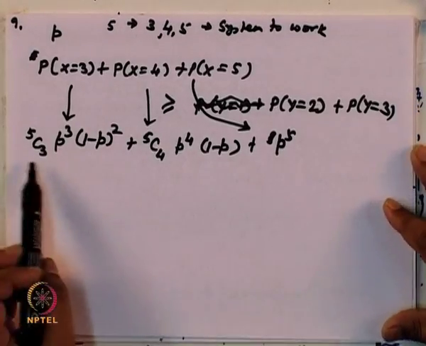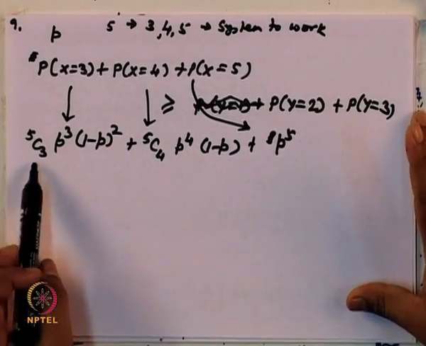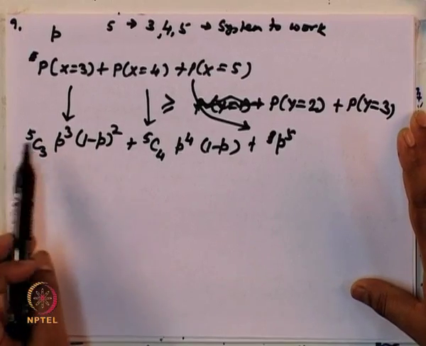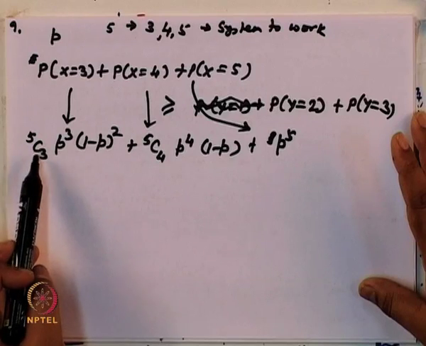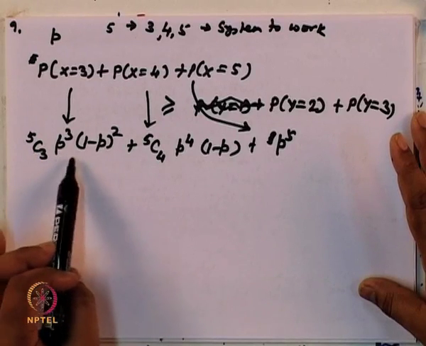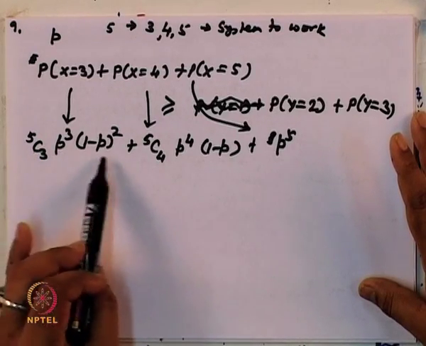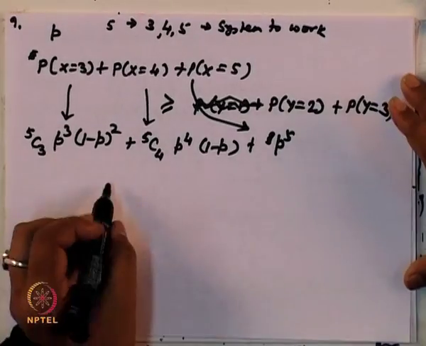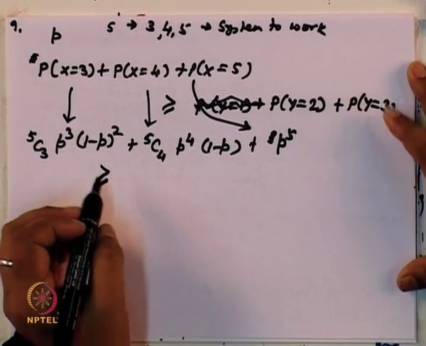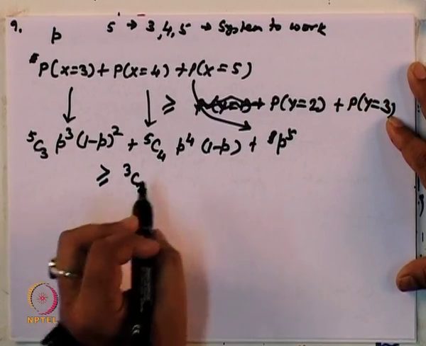So, for a 3 component system to work, any 3 of the 5 can be chosen in 5c3 different ways. The order does not matter, it is just a combination. Say 5c3, p cubed is the probability of success of each component, and 1 minus p squared is the probability of failure of the 2 other components. Okay. So, this has to be greater than 3c2 and so on.